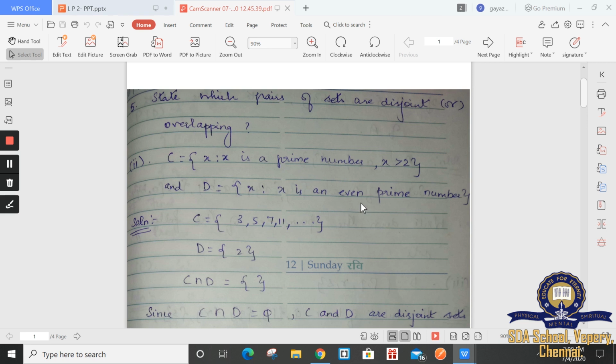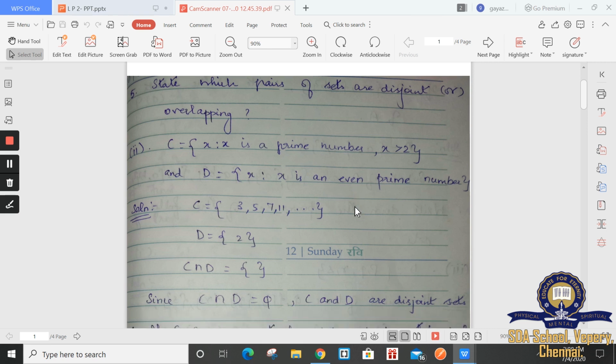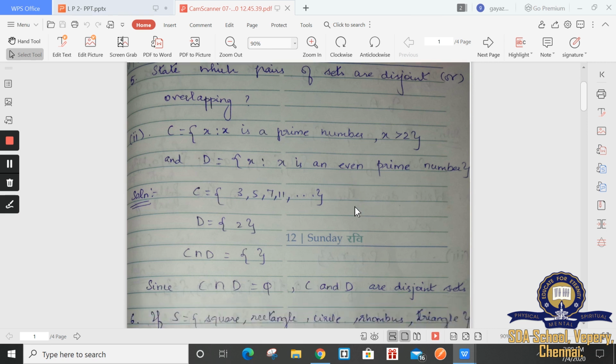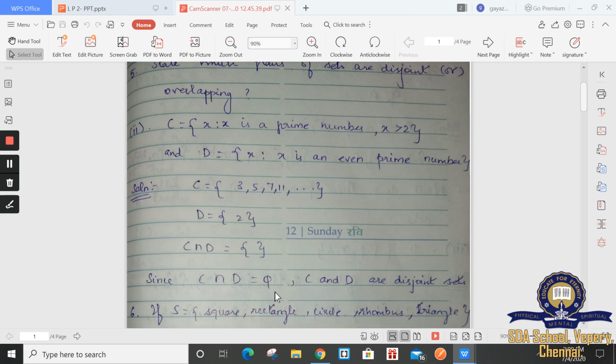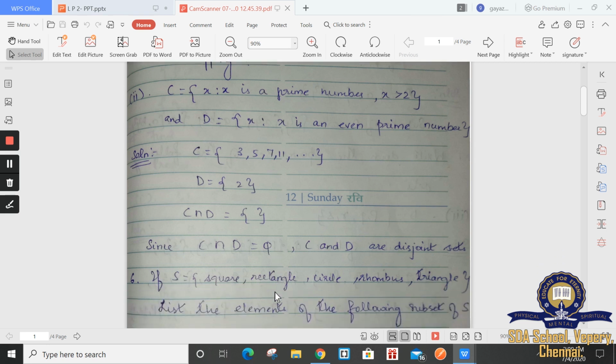Let us write C in the roster form. If it is a prime number and x is greater than 2, we start with 3, 5, 7, 11, and we go on. Whereas if D is an even prime number, the only even prime number is 2, right? So, is there any element common between C and D? No, there is no element common between C and D. Therefore, C and D are disjoint sets.